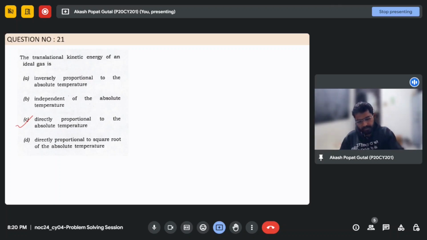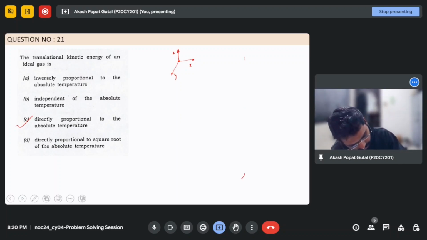So why is it so? Because for the ideal gas, we know the particle has translational motion along each direction, x, y, and z. Each direction will contribute one half kT.